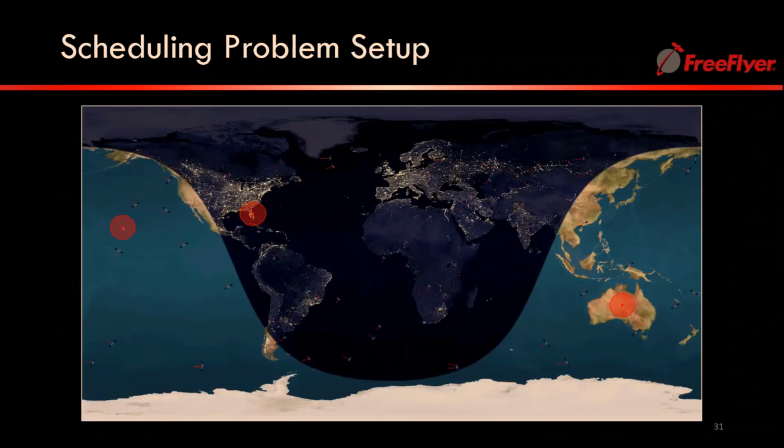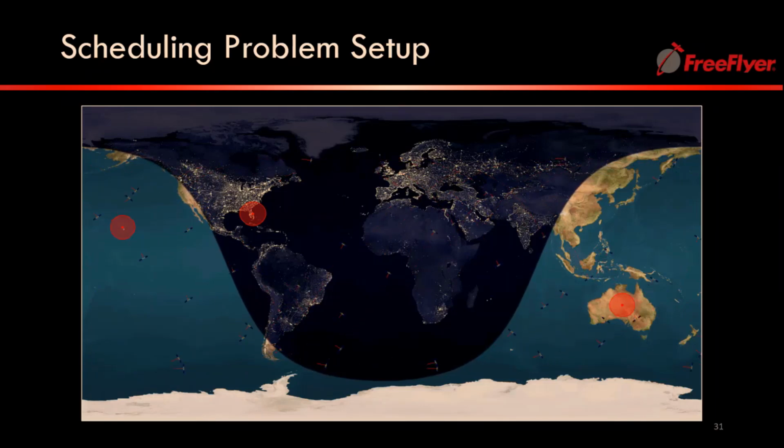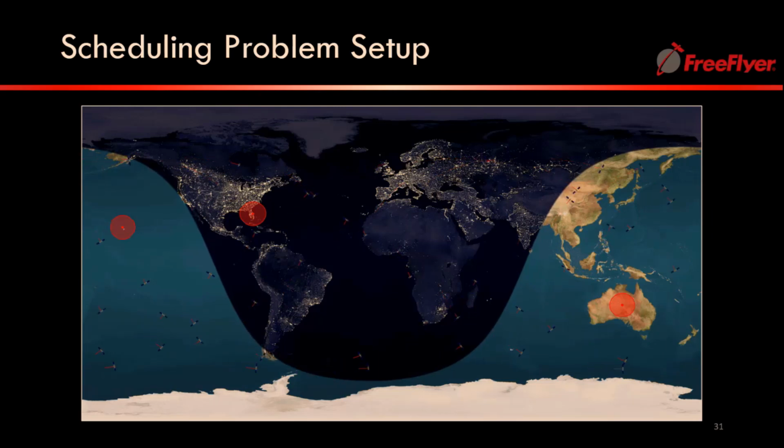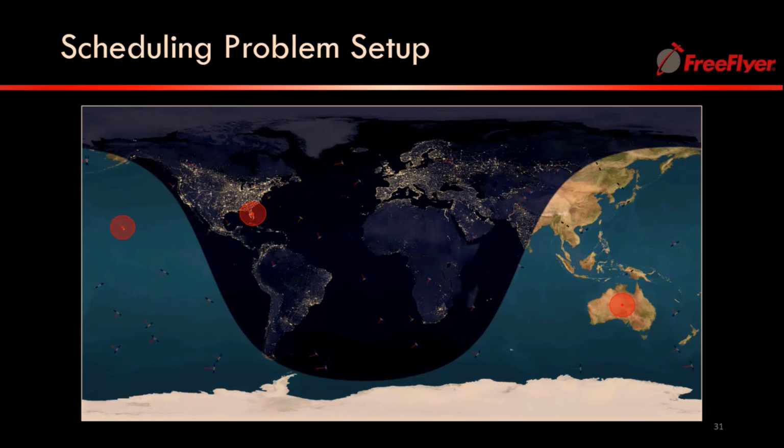So the first step in solving this problem is going to be simulating and logging the data that isn't going to change in between multi-objective optimizer iterations. And that non-changing or static data is going to be the potential contact windows.